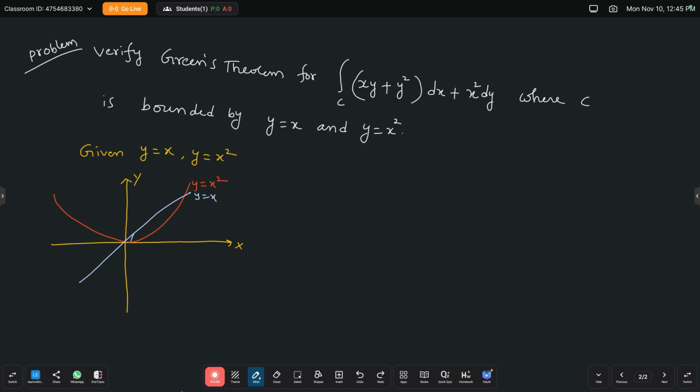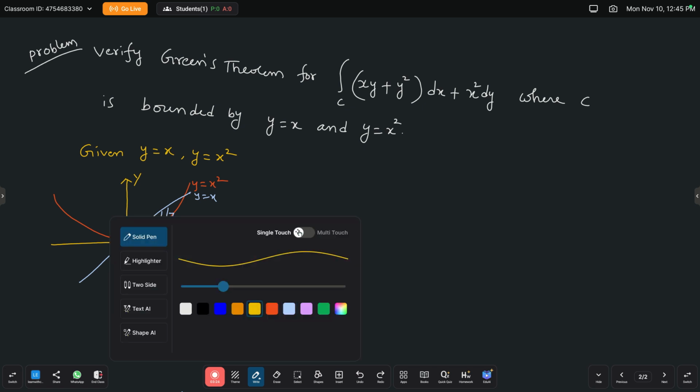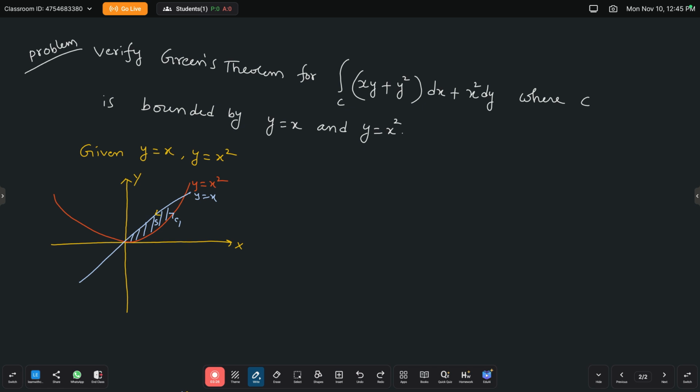Now it is the surface S, closed region S. Now this surface is bounded by two curves, y is equal to x square, suppose curve C1, and y is equal to x, suppose curve C2. Like this, it is curve C1, it is curve C2.